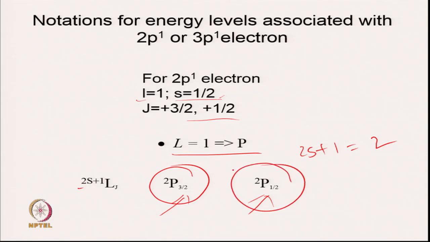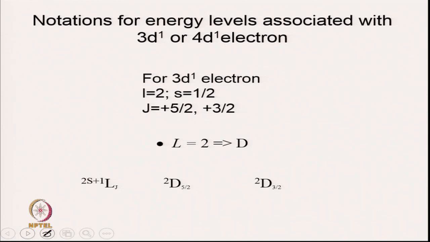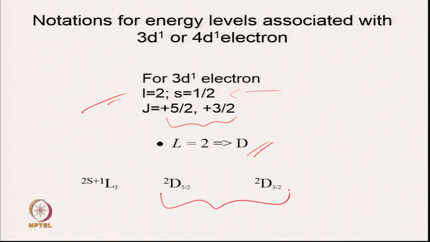Notation for the energy level associated with a 3d1 or 4d1 electron means we are talking about a d electron. For d, L is equal to 2, and if you have 1 electron, then s is equal to half, and your j value will be plus 5 by 2, 3 by 2. L is equal to 2 corresponds to level d, and then you have these two energy levels, or labeling of two energy levels will be 2d 5 by 2, 2d 3 by 2.